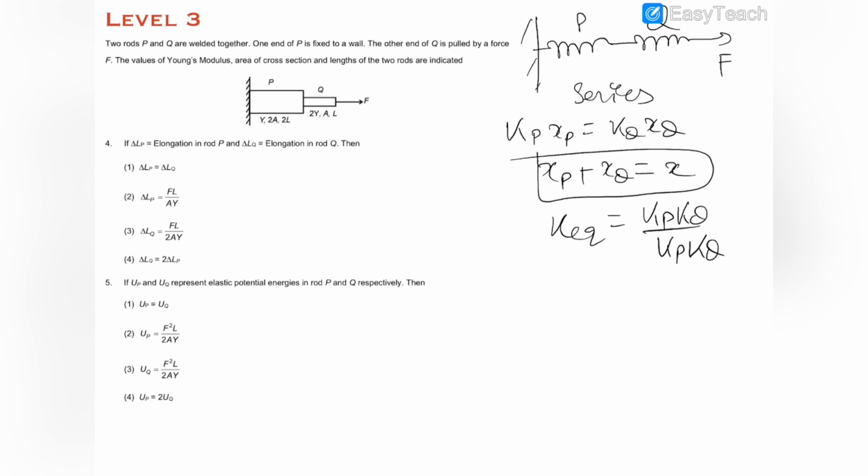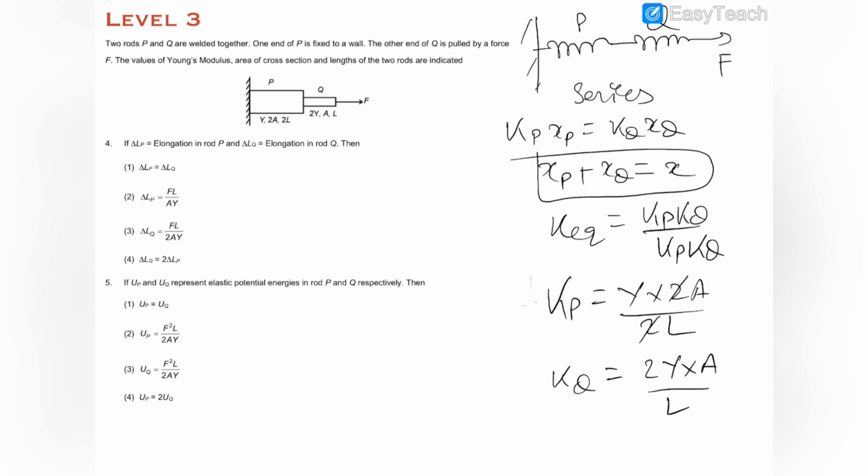Now we know that the total K equivalent of series combination will be Kp into Kq upon Kp plus Kq. And therefore, Kp is equal to gamma into 2a by 2l, and this is gamma a by l, and therefore Kq is equal to 2 gamma into a by l.